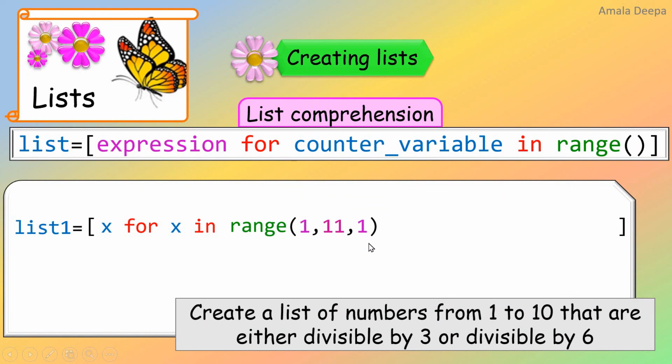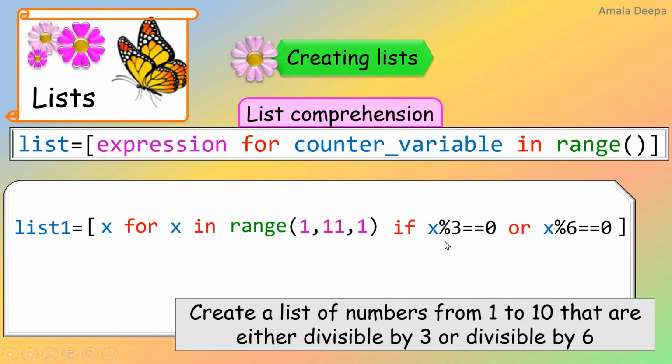So after the range function, I should attach an if condition: if x modulus 3 is equal to 0 or x modulus 6 is equal to 0. In this condition, the expression x modulus 3 is equal to 0 checks whether x is divisible by 3, or x modulus 6 is equal to 0 checks whether x is divisible by 6.